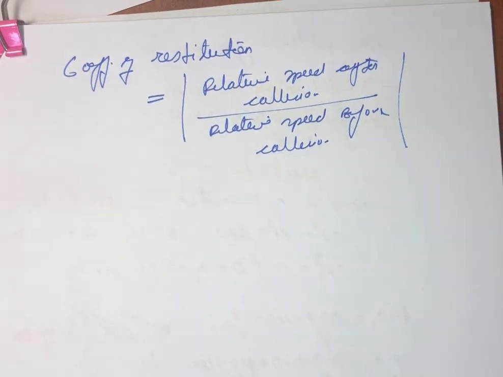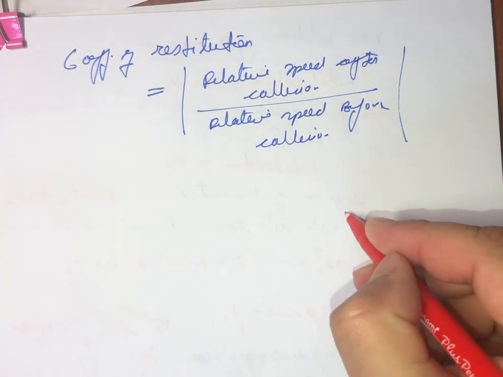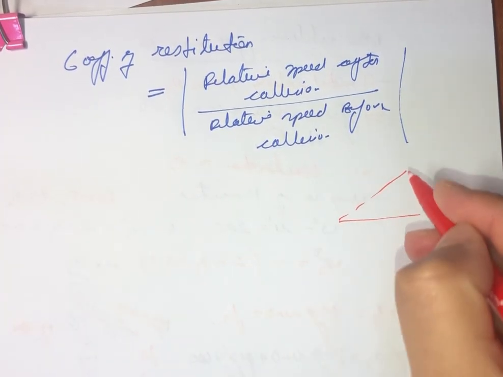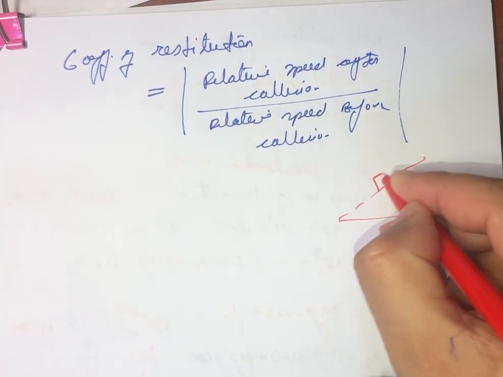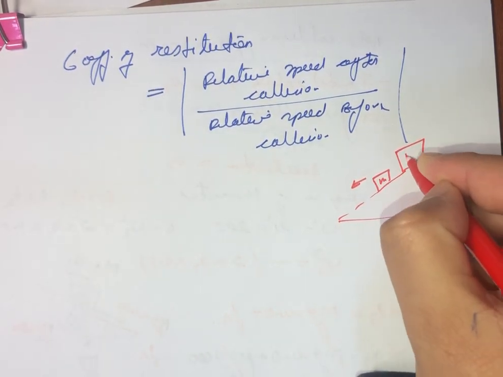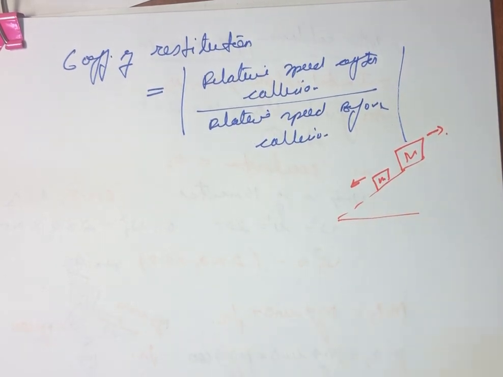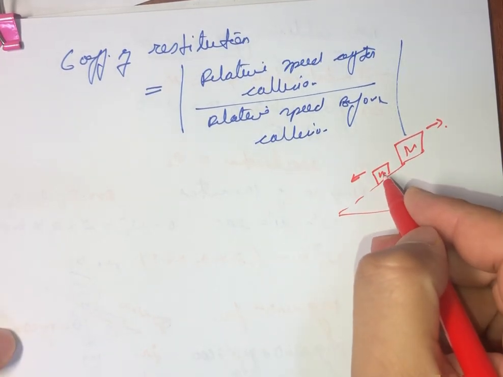So after collision, both small m and capital M are moving in opposite directions. So we have small m moving in the downward direction and capital M is moving up the inclined plane. This is after collision.